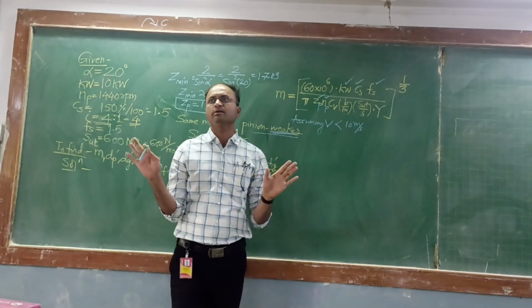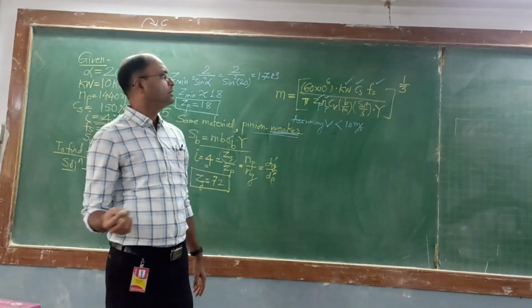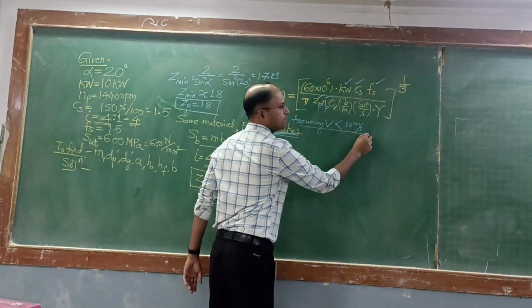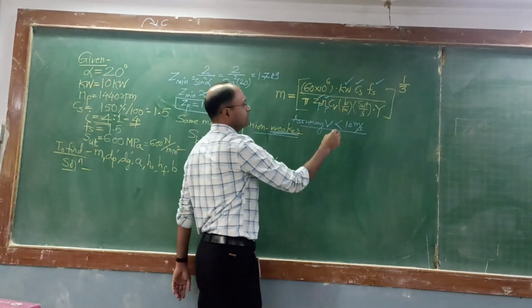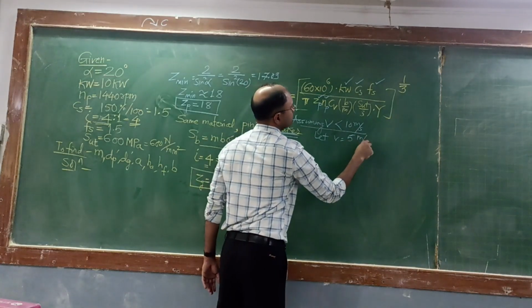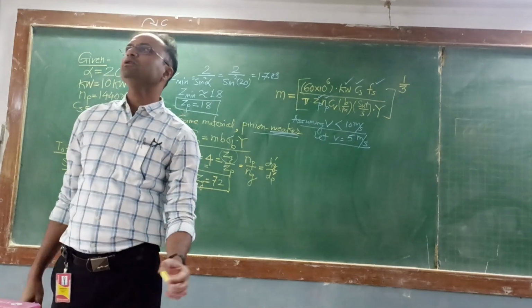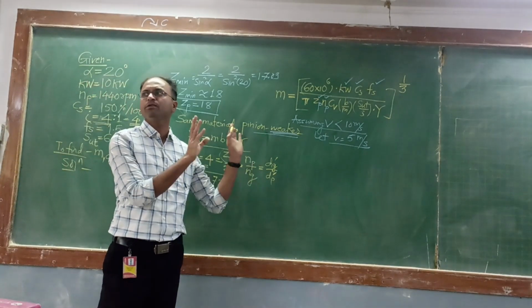This is just assumption. Later on we will check whether it is correct or not. Okay? So assuming v is less than 10 meter per second and let v is equal to 5 meter per second. We have assumed one value less than 10, let it be 5.